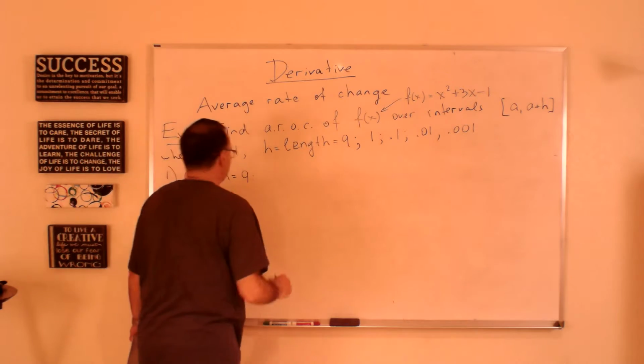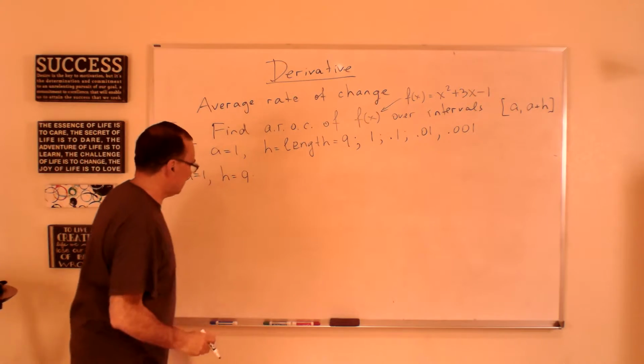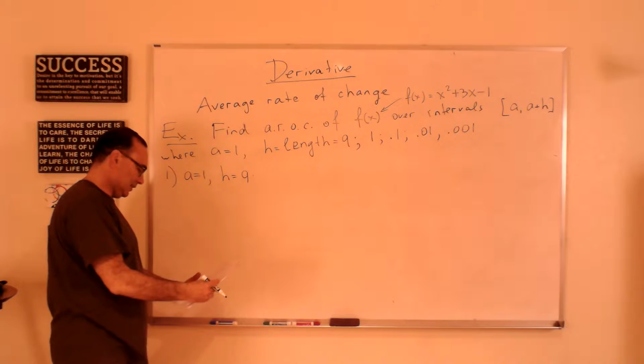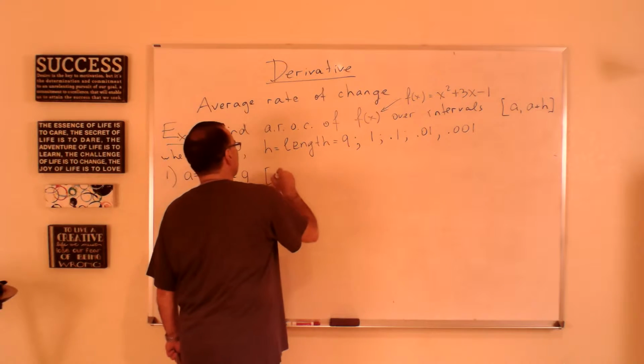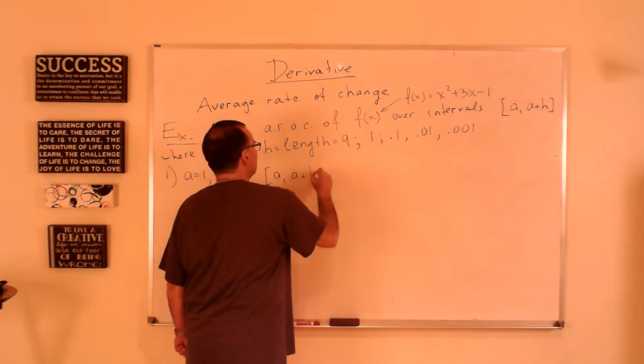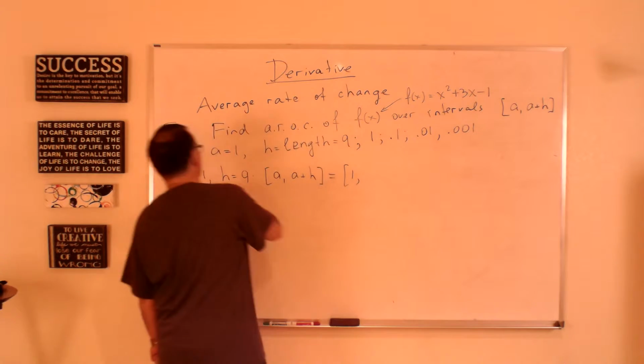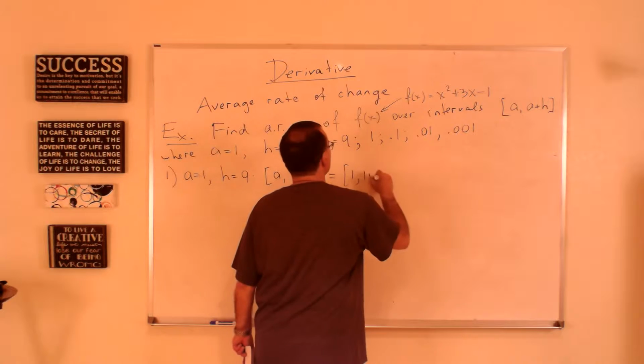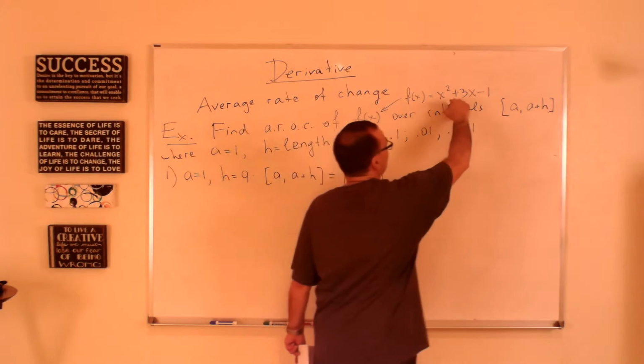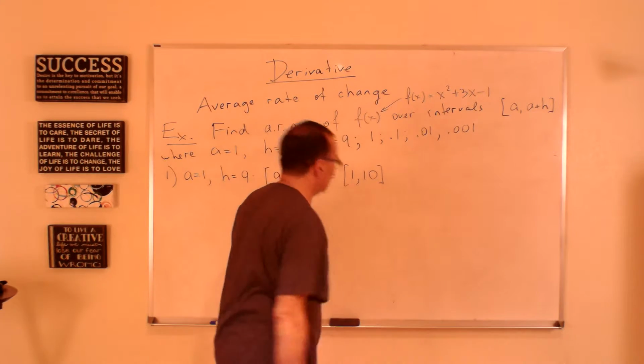And the intervals will be different. So first a equals 1 and h equals 9. That makes the interval from a to a plus h. It makes an interval from 1 to 1 plus 9. 1 plus 9 is 10. So we're talking about calculating average rate of change of this function over this interval.